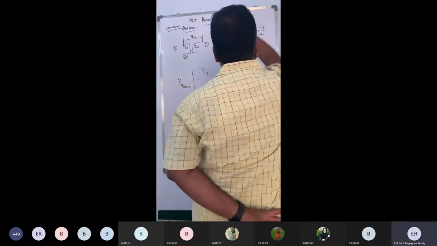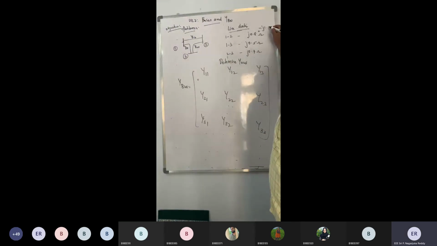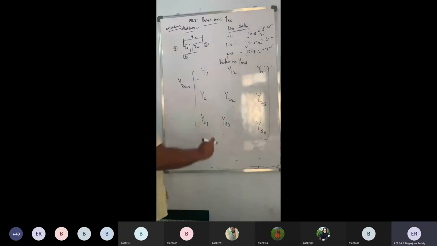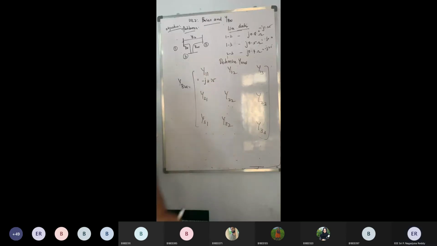So what is the admittance value of J 0.8? 1 by J 0.8. It is minus J 1.25. This is minus J 2.0. This is minus J 2.5. So now what is Y11? Summation of y12 and y13, so its value is minus J 3.7.